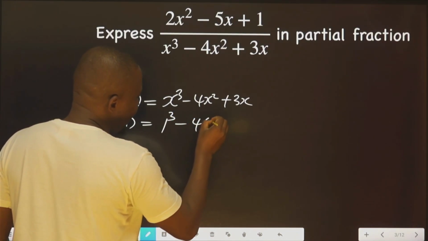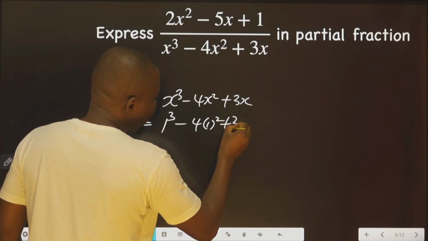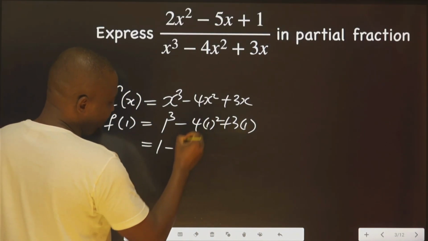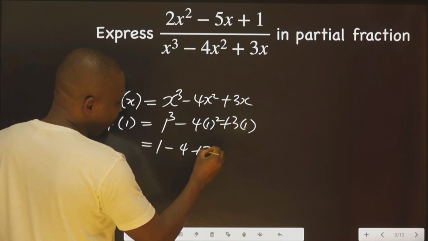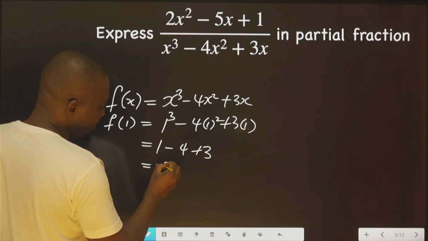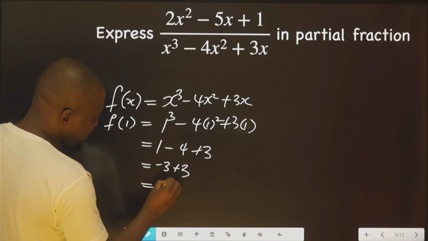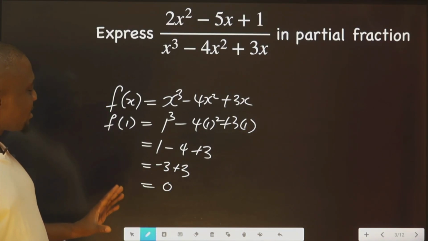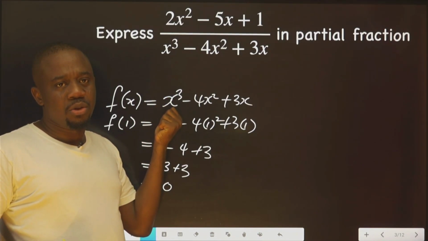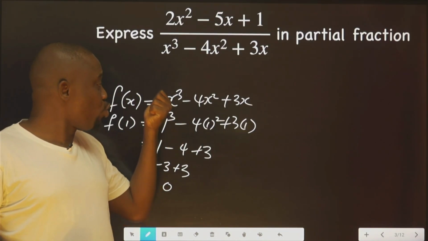You agree with me? This is 1 minus 4 plus 3. This will give us minus 3 plus 3, which is 0. It means if we put s equal to 1, we are going to get 0.